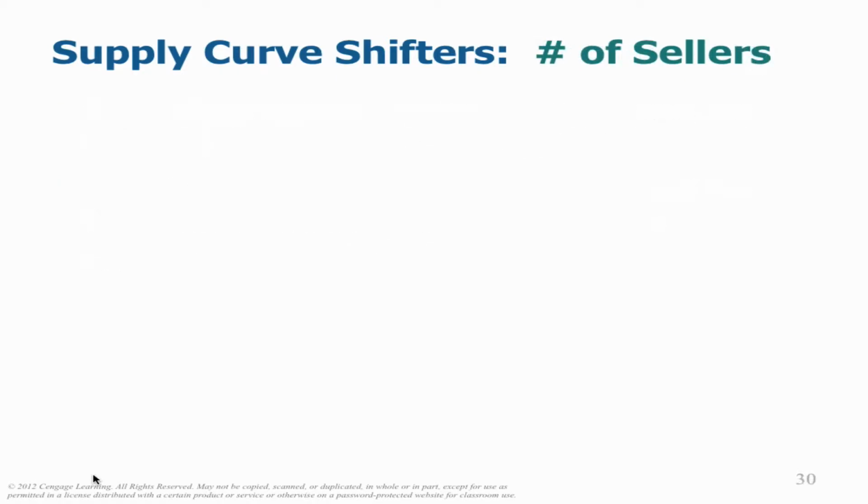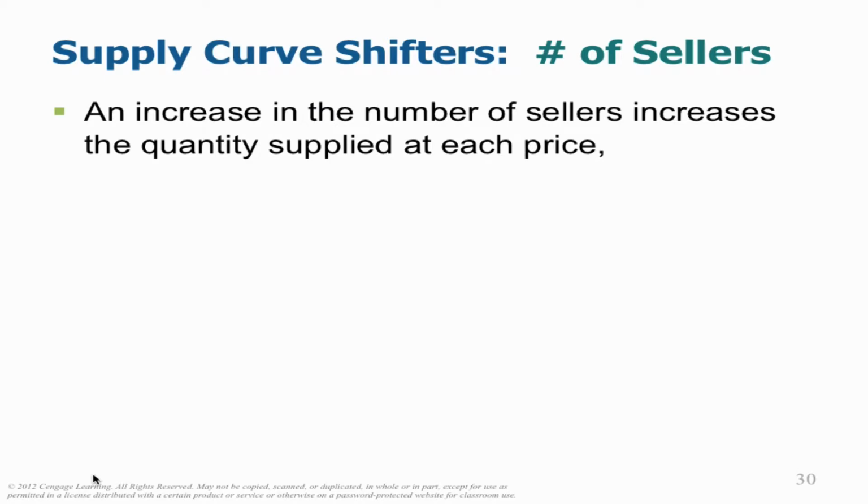Okay, change in the number of sellers. Change in the number of sellers in the market. There are more or fewer businesses making what it is that we're graphing. If tomorrow news comes out that Apple bought Samsung, what happens to supply of smartphones?